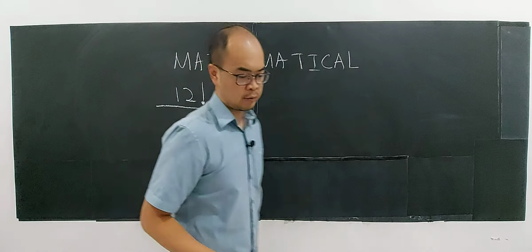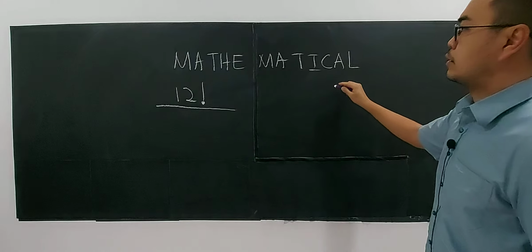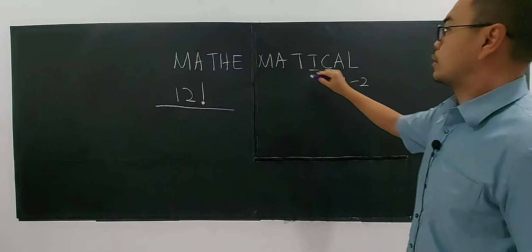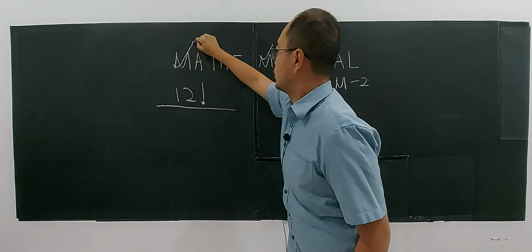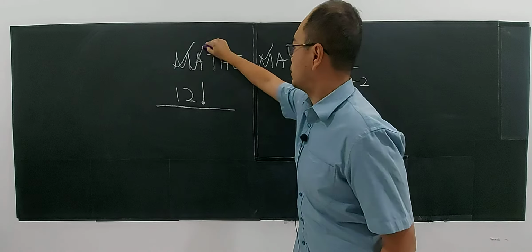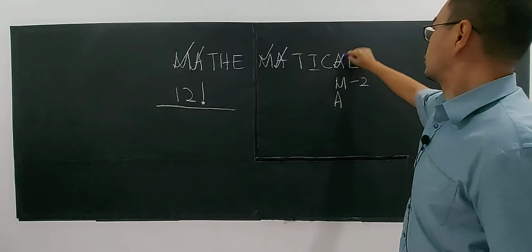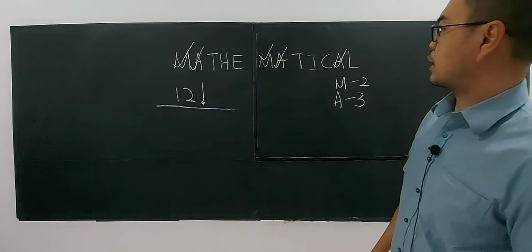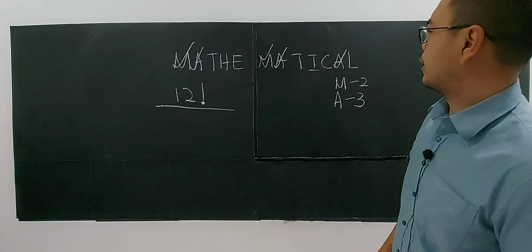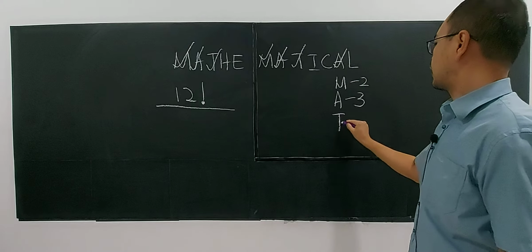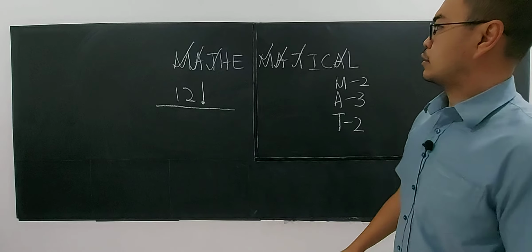We're going to list them out. How many M's are here? We have 2 M's. How many A's? 1, 2, 3. We have 3 A's, repeated 3 times. And T, we have 2 T's, repeated 2 times.